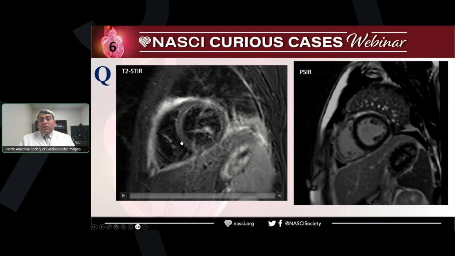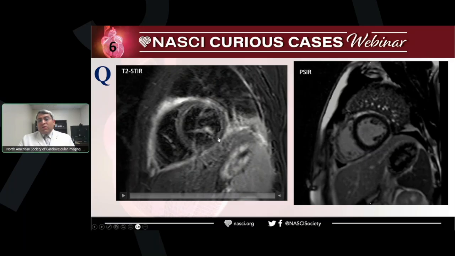The signal of the myocardium is not too high here because usually I like to compare it with the spleen. So if it is as high as the spleen, it is high signal intensity. If it is less than the spleen, and you are right, it could be very close to the muscles of the chest wall, this is normal. But the muscle of the chest wall is not well seen here, not as evident as the myocardium.